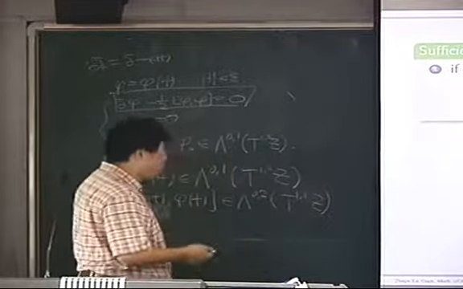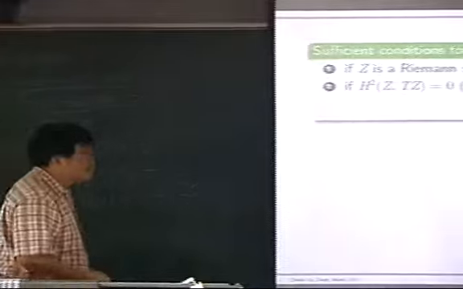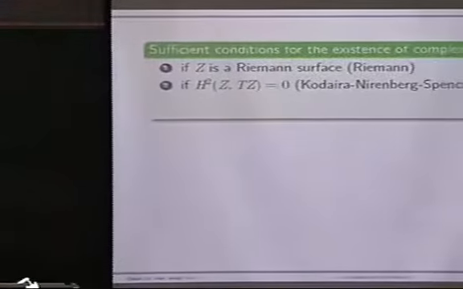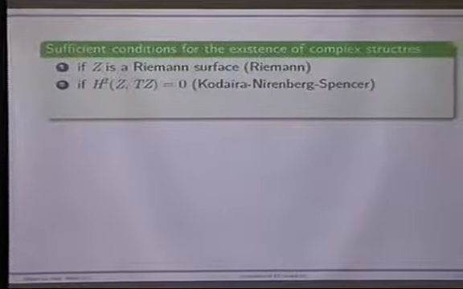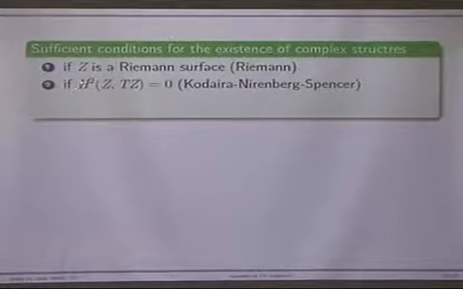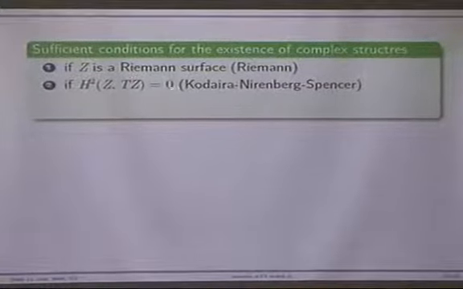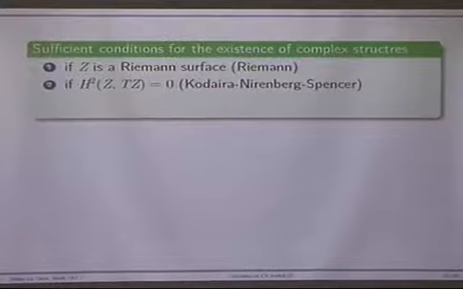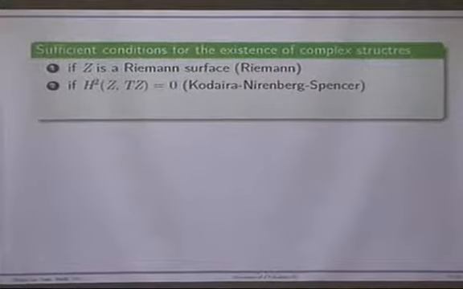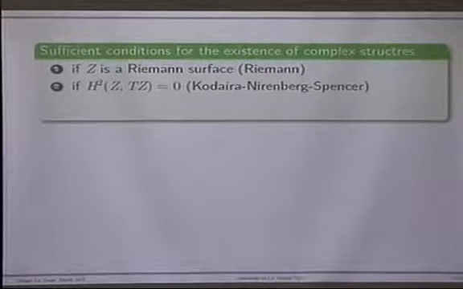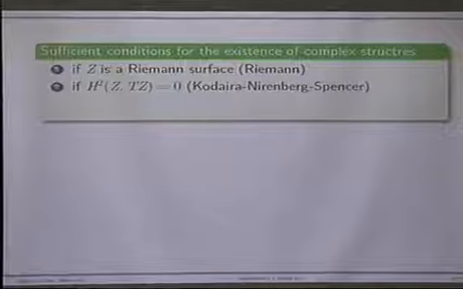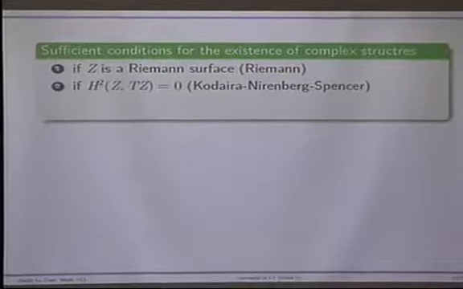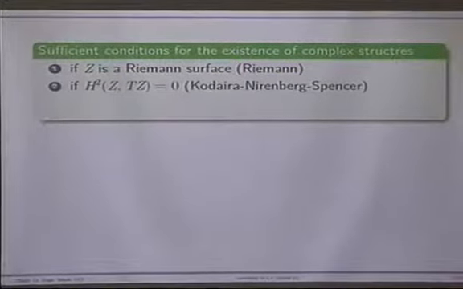So there's no obstruction. And Kodaira, Nirenberg, Spencer in the 60s proved that if we assume that H^2(Z, T_Z) is equal to 0, then there's no obstruction. Or in other words, when this cohomology group is 0, this is always a coboundary, so it can be removed.